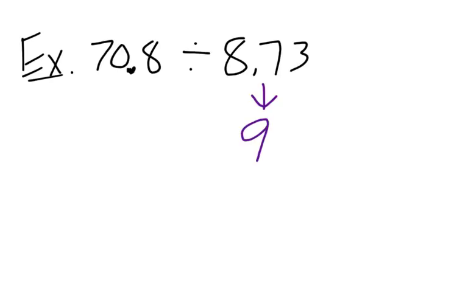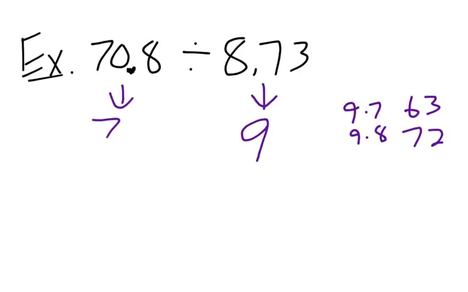And now I'm thinking, what are the multiples of 9 that are close to 70.8? Well, 9 times 7, whoops, that's only 63. 9 times 8, that's 72. Oh, that's really close to 70.8. So I'm going to round the 70.8 to my multiple of 72. And now I divide them, and I get 8.